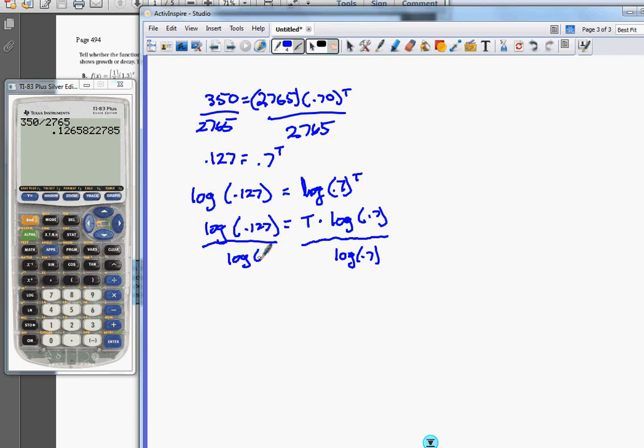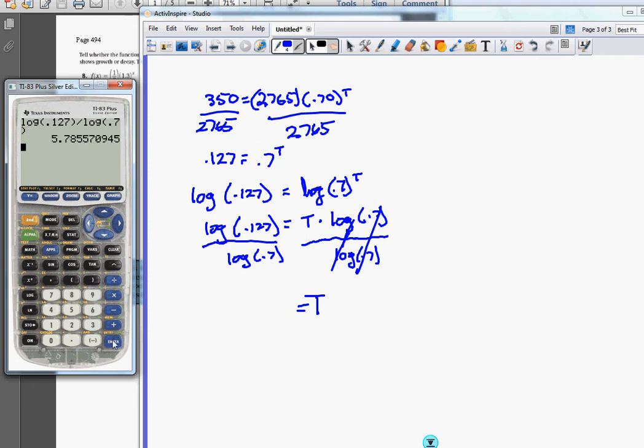These will cancel, and I'm left with t. Then performing that division of logs on my calculator, log 0.127 divided by log 0.7, I get approximately 5.78. So t is approximately 5.78 years.